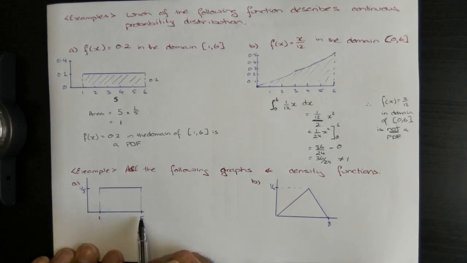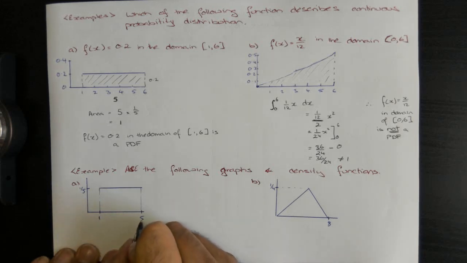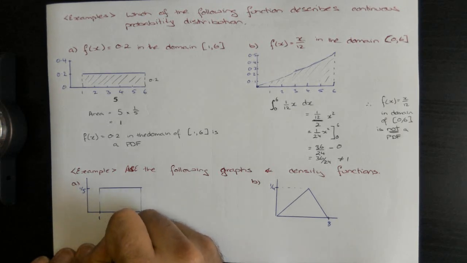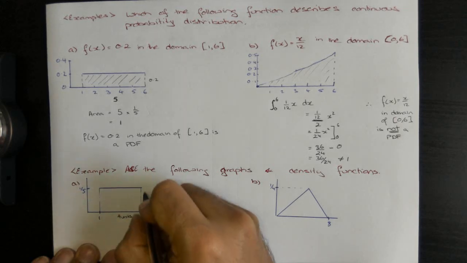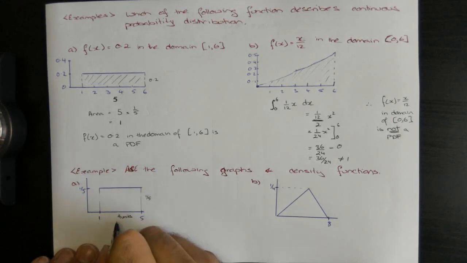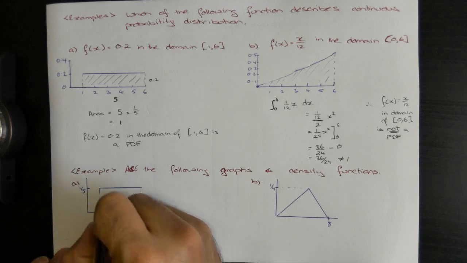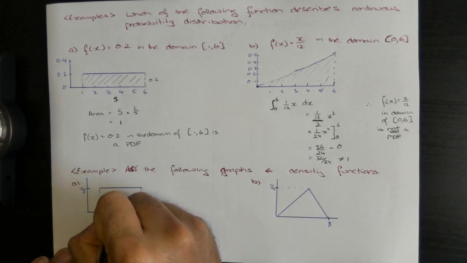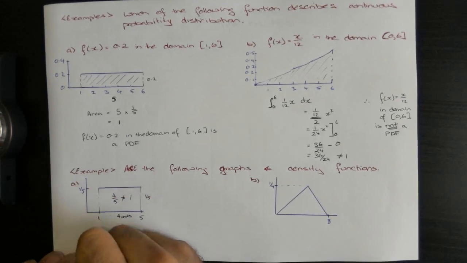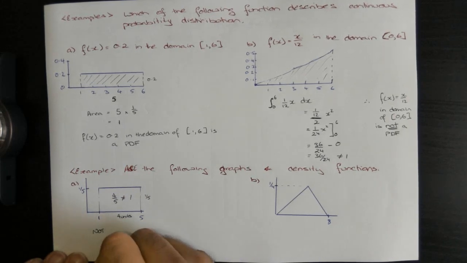I've got 1 to 5, so 5 take 1 is 4 units. I have a height of 1/5. So 4 times 1/5 is 4/5. That is not equal to 1. So this is not a density function, a PDF.